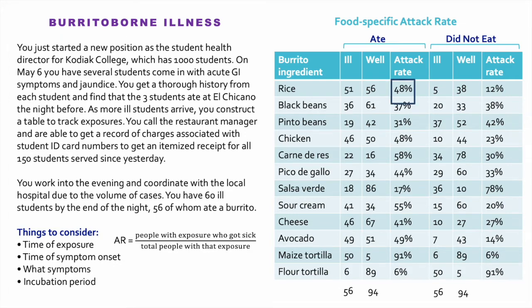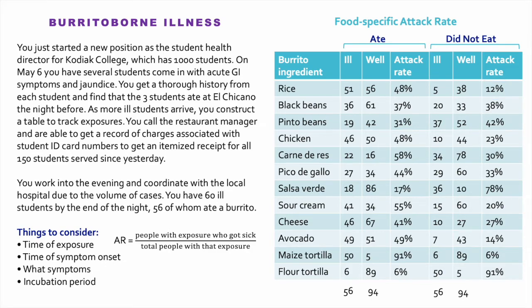attack rate of 48%. We can do the same thing to get the attack rate for people who were not exposed to each food item by dividing the people who are ill who did not eat that food by the total people, adding them together to get the attack rate for people who did not have that exposure.